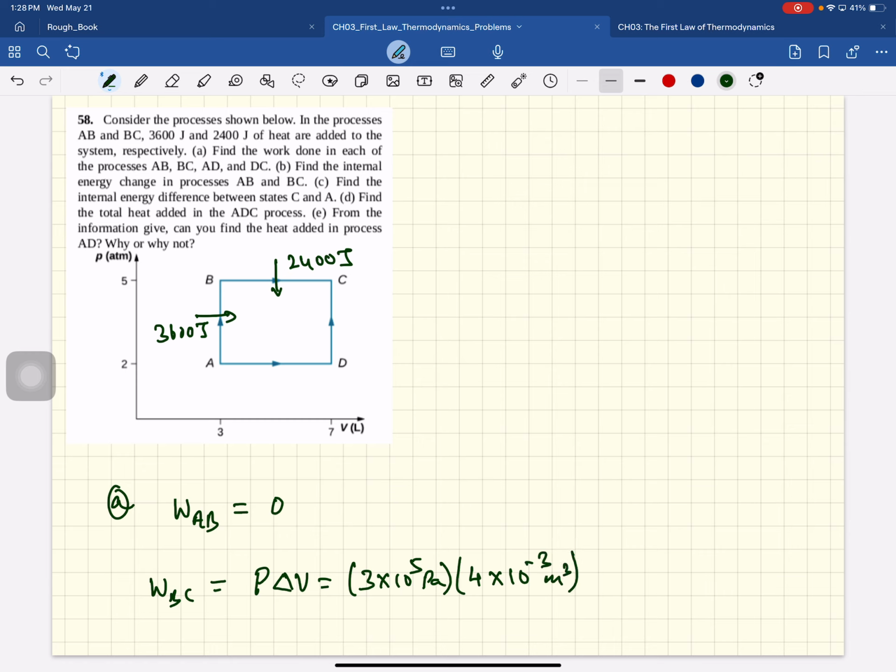BC, because the AD would be negative. Okay, all right. So that's 10 to the 2 and then 20. So 2000 joules.